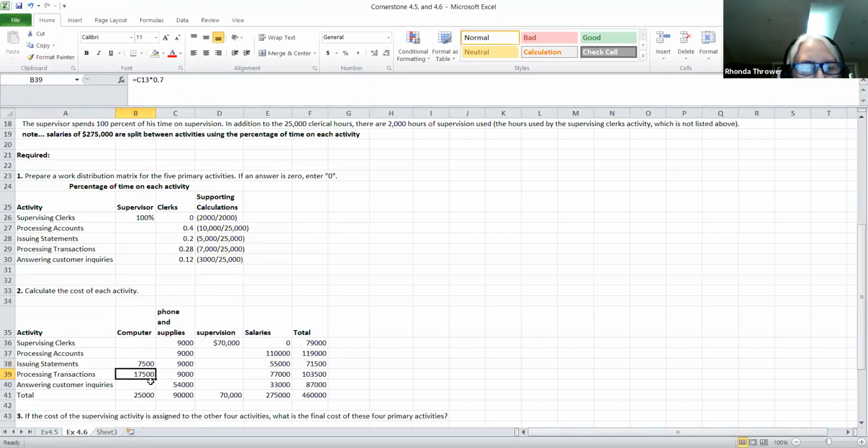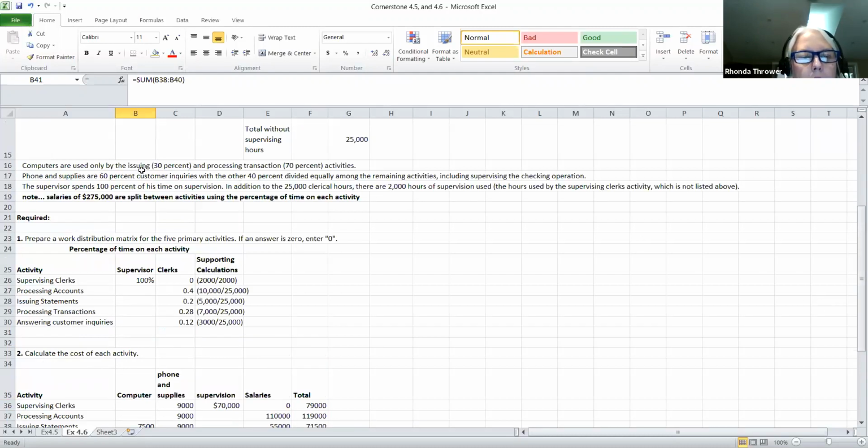And then I just retotaled it to make sure that I had these two calculated right. This gives you a system of checks and balances. And so I have split my cost of the computer toward issuing statements and processing transactions based on what they have told me right here on line 16.